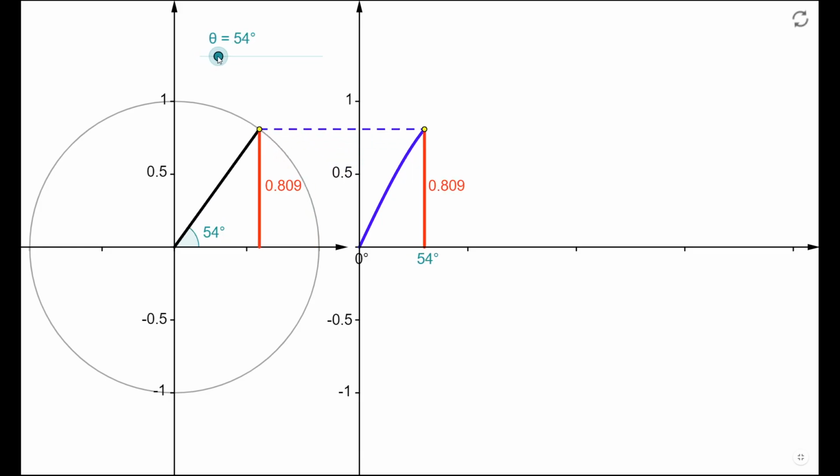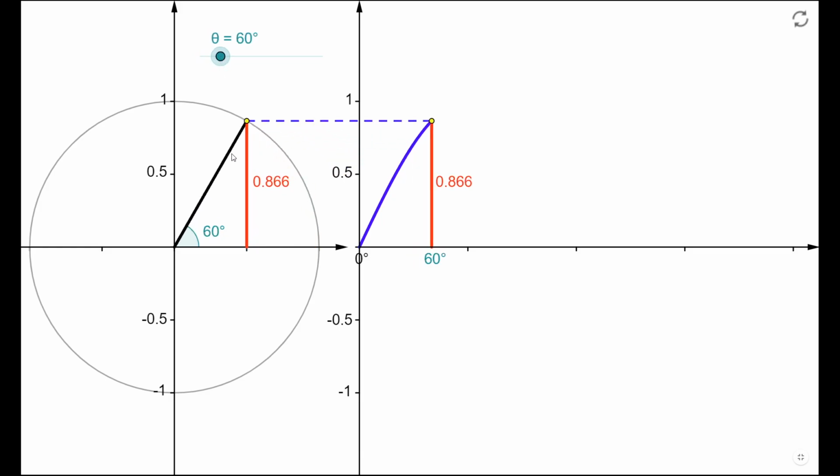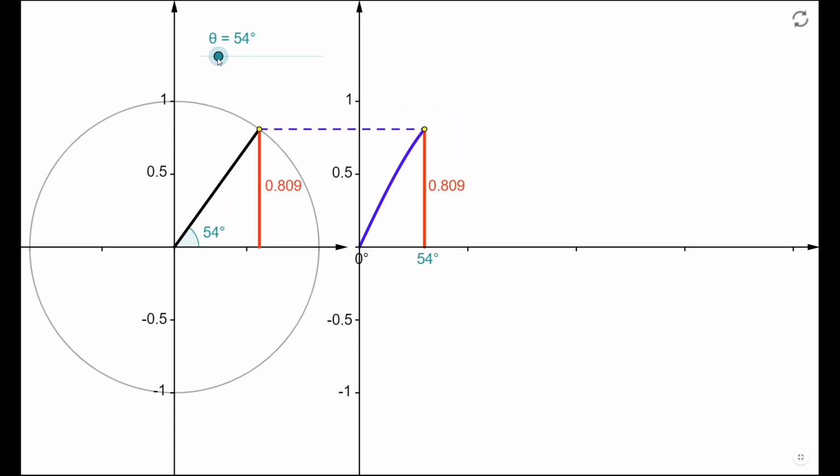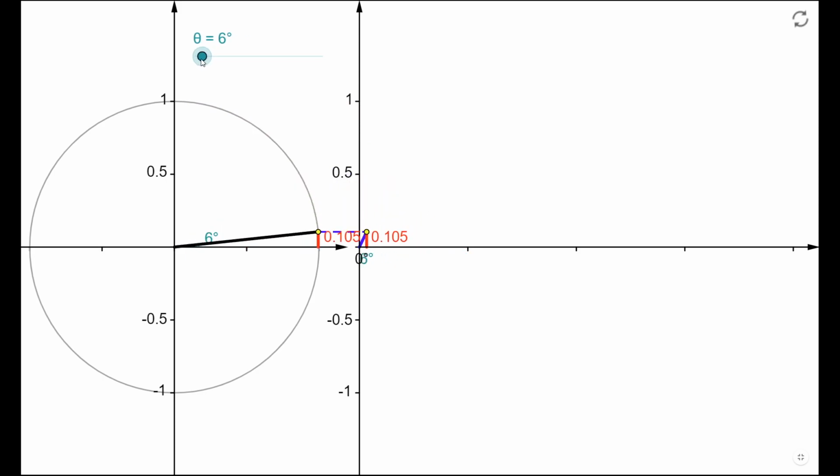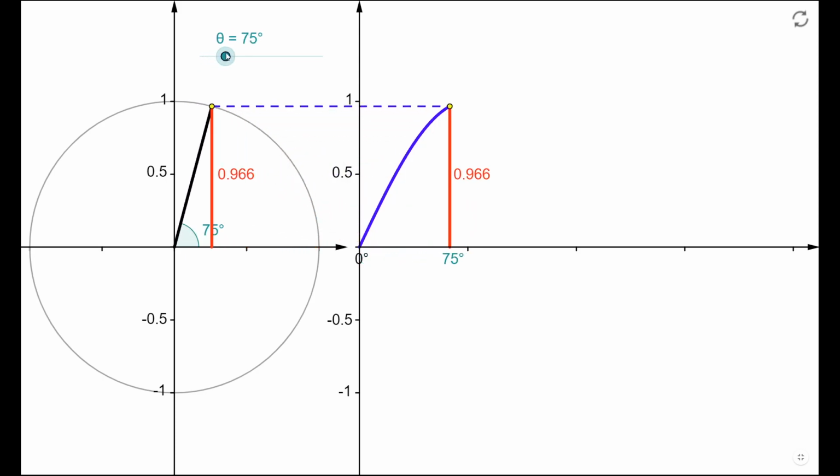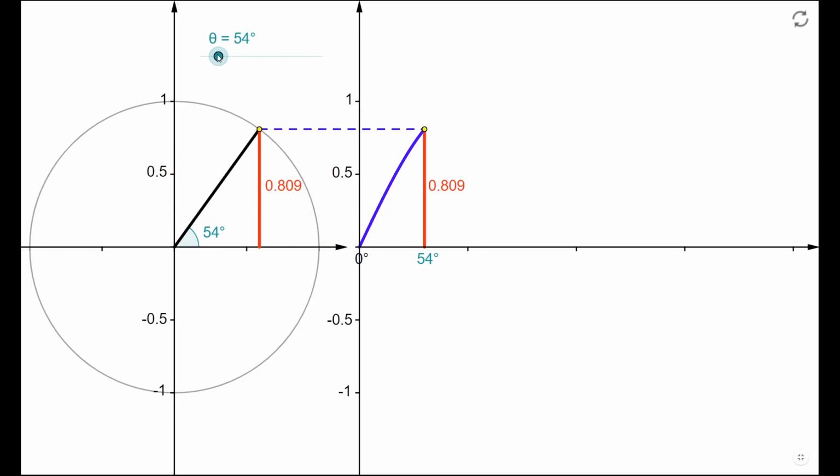That red line is measuring the opposite of the right angle triangle that gets made. Now, the radius of this circle is 1, which means that the black line, the hypotenuse of our right angle triangle, is also 1, because the radius of a circle is the same no matter where you go around.